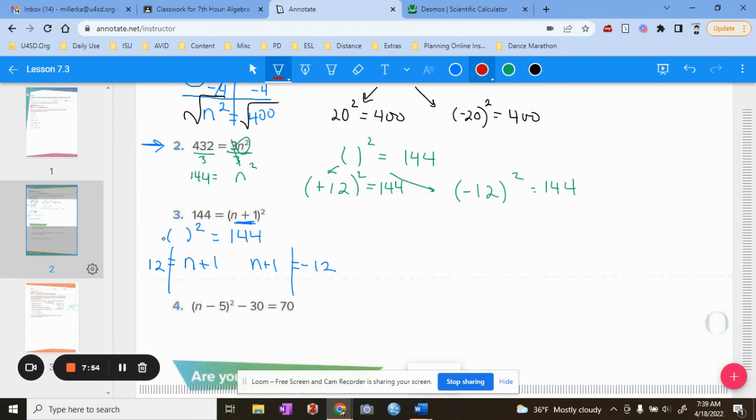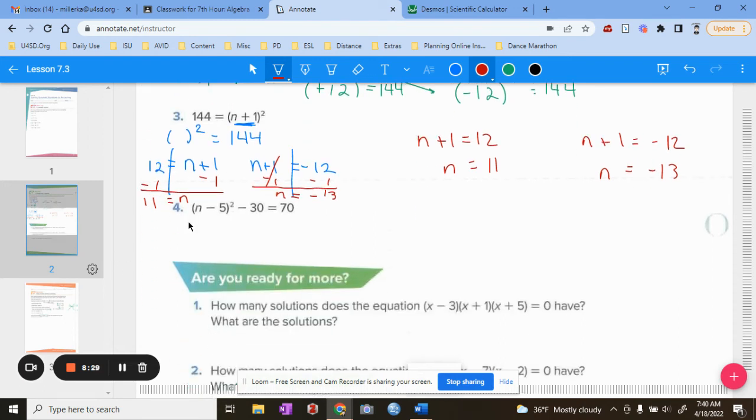Now we're going to solve by subtracting 1 from each side. So we get n equals 11. And then if I subtract 1, we get n equals negative 13. So my two answers here, n plus 1 equaling 12 or n plus 1 equaling negative 12, gives me those values of 11 and negative 13. Those are my two options.